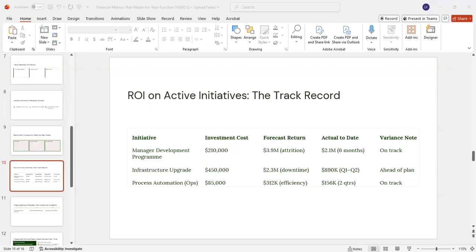This kind of presentation does double duty. It demonstrates accountability for past approvals, and also it helps you build credibility and some goodwill towards the next budget year's request, hopefully making it easier for the finance team to approve.